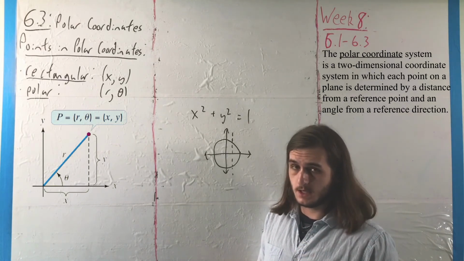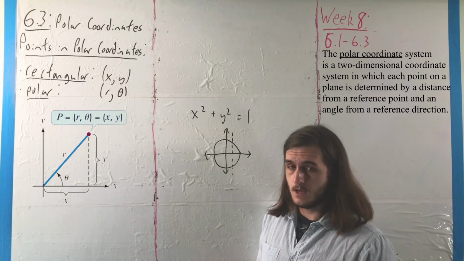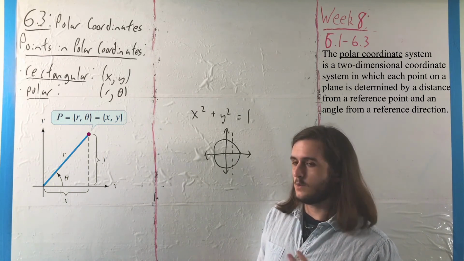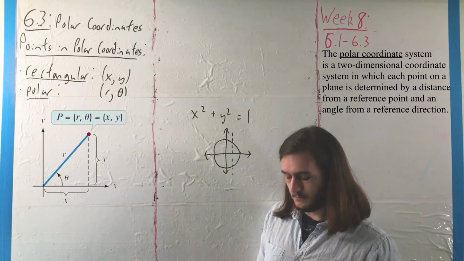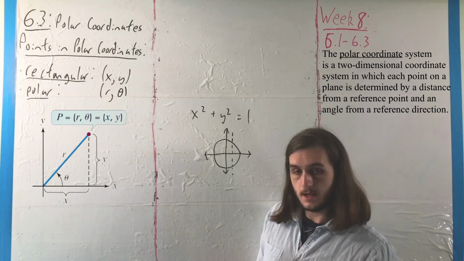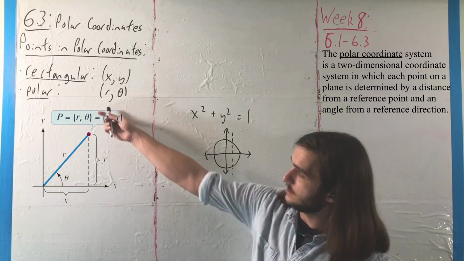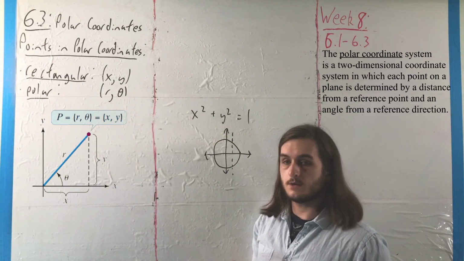But the first thing we're going to see next is a couple more examples on how we can represent points, how we can plot points in the polar coordinate scheme in terms of that radius r and rotation theta.